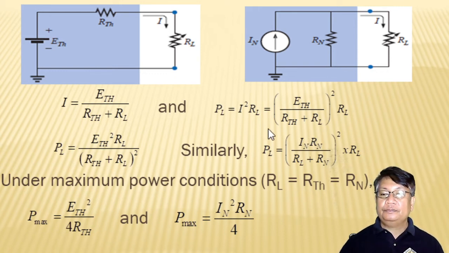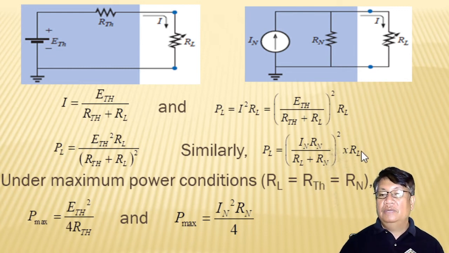Similarly, from this equation here, convert R sub L to R sub N. So we have R sub L here, then this is R sub N, and this R sub L here is R sub N, so we now have 2 R sub N quantity squared.